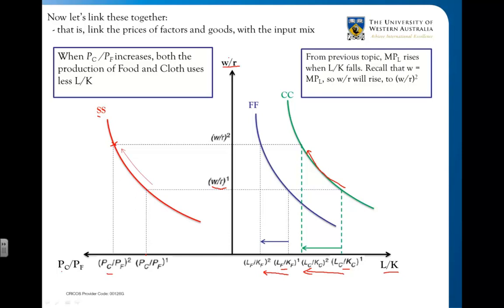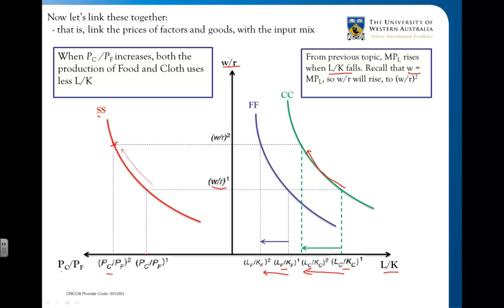Now, going back to the previous topic, when we were talking about the marginal productivities, remember we said that we've got diminishing marginal productivity. So if labour rises, the marginal product of labour falls. But conversely, if labour falls, then the marginal product is going to rise. And you can remember that in both of these situations, the labour to capital ratio is falling.